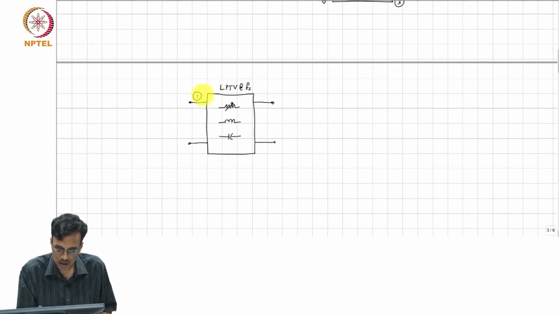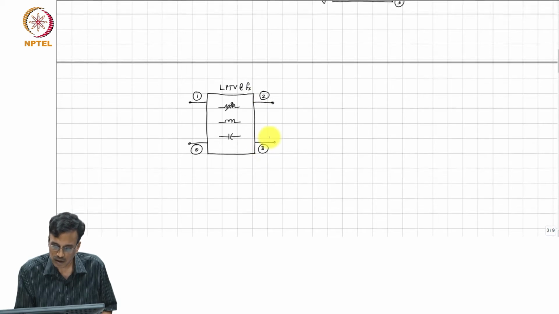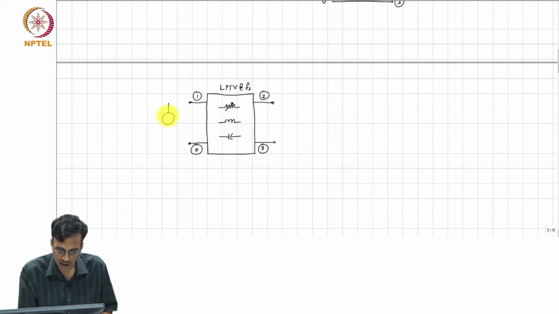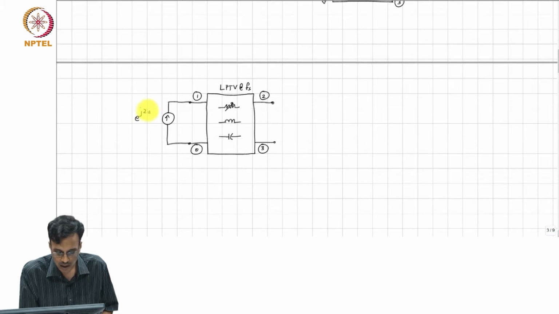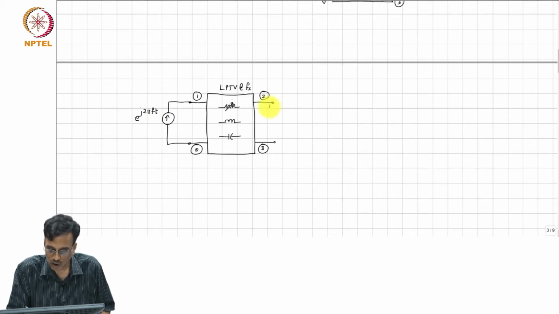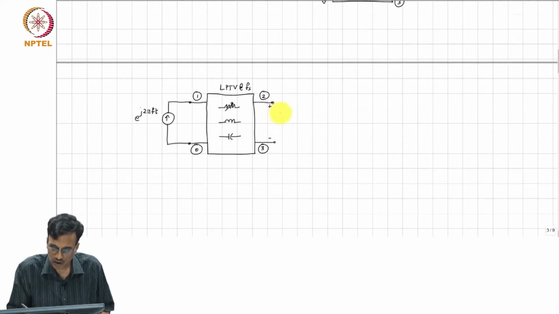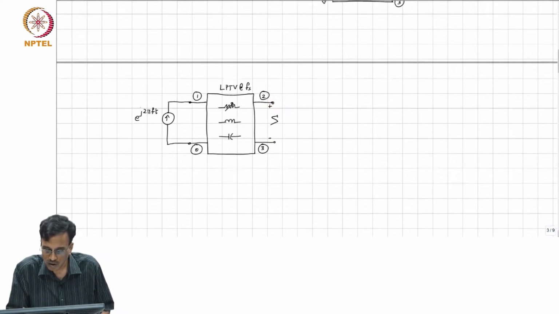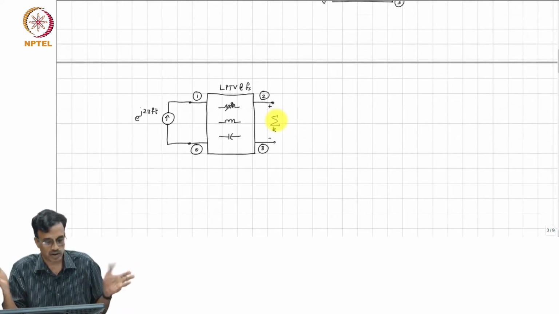And again, this is node 1. I will choose this to be node 0, this is node 2 and this is node 3. I will excite it with an input current which is e to the j 2 pi f t, all right, and I will measure the voltage at the output, and the voltage, as you know, not only consists of f, but all components which are variable.